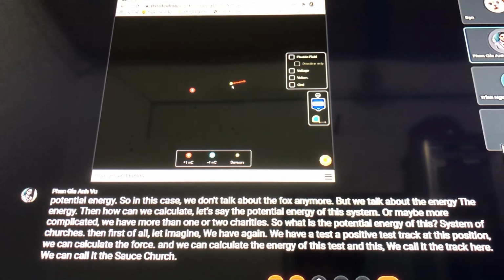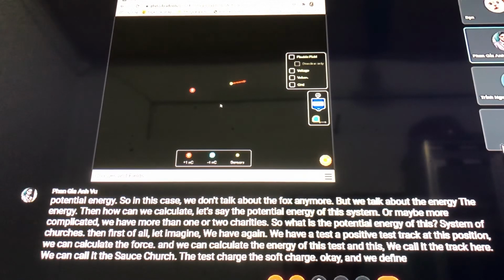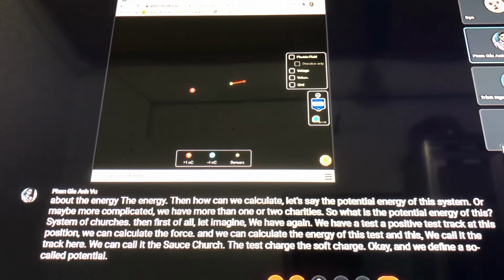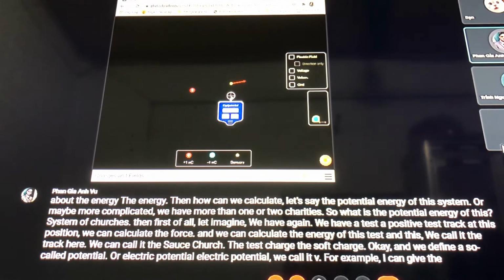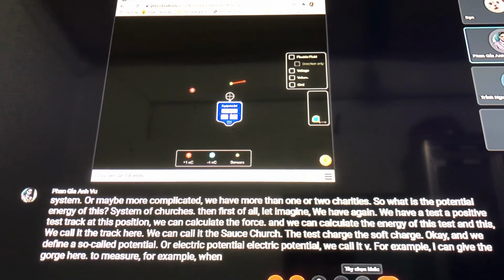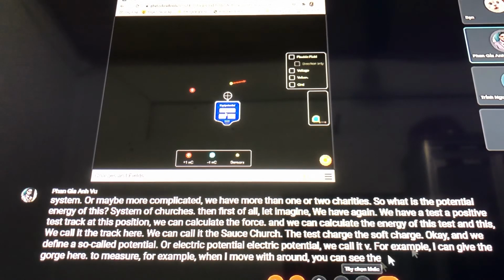And we define a so-called electric potential, which we call V. For example, I can use the gauge here to measure. When I move it around, you can see the reading here.